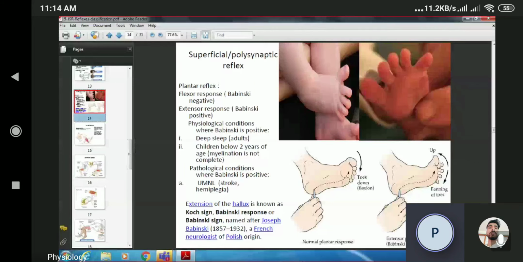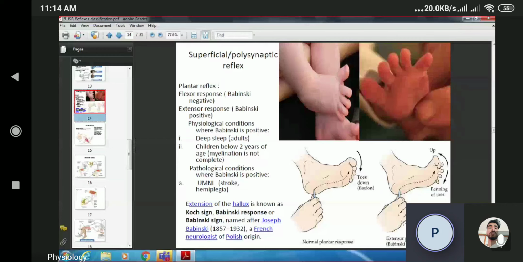The toe tries to grip, isn't it? The toe goes downwards, and other toes also go downwards, isn't it? So same is the case in Babinski negative. This is the normal one. Babinski negative is normal. This is called flexor response.